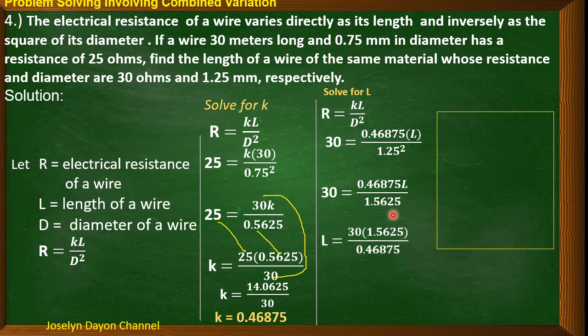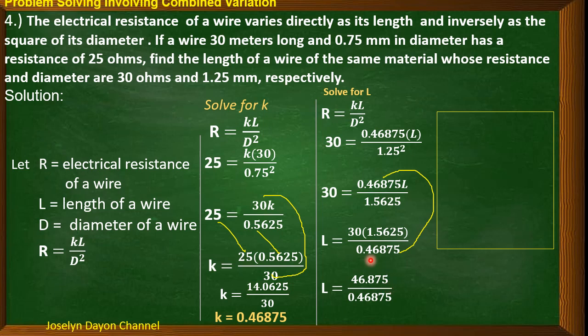To solve for L, we have to multiply 30, this one, times the denominator, which is 1.5625. Then divide it with this 0.46875. Now let's multiply. So 30 times 1.5625, the answer is 46.875.